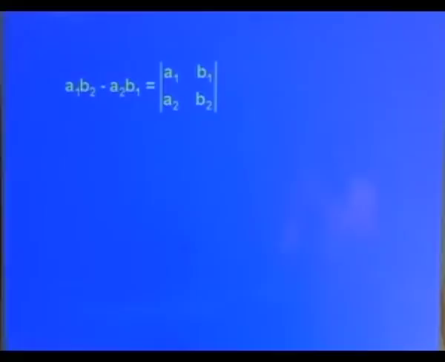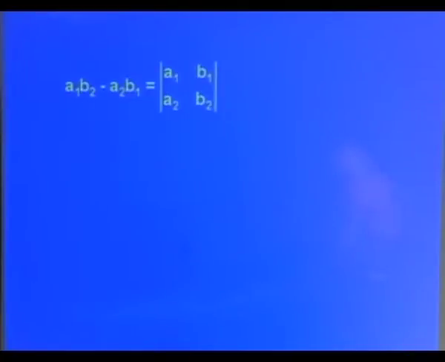Now, we try to represent the expression a1 b2 minus a2 b1 in this form, and on the right hand side what I have written is called a determinant consisting of the matrix a1 b1 in the first row and a2 b2 in the second row. This is enclosed by a pair of vertical lines. We call this a determinant.